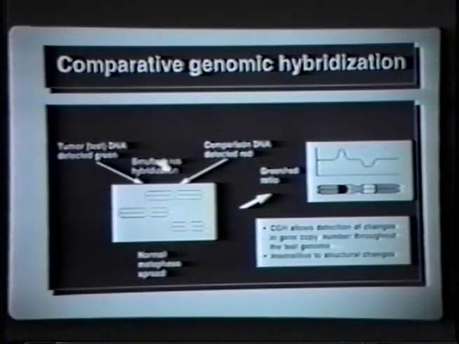If you have a deletion in the tumor DNA, then you'll have a low green to red ratio, a dip here, and again, that will map out that region of deletion. And so the advantage of this is that in one hybridization experiment, you can map out most of the regions of amplification and deletion in that entire tumor. And this is an example of how that works.